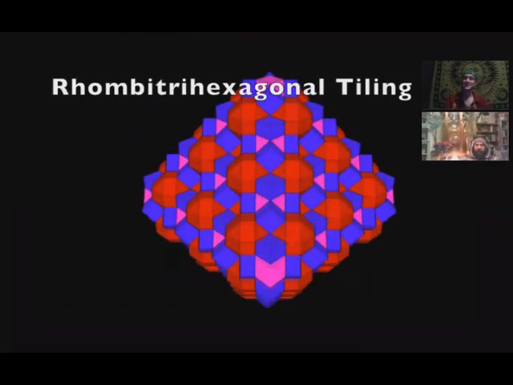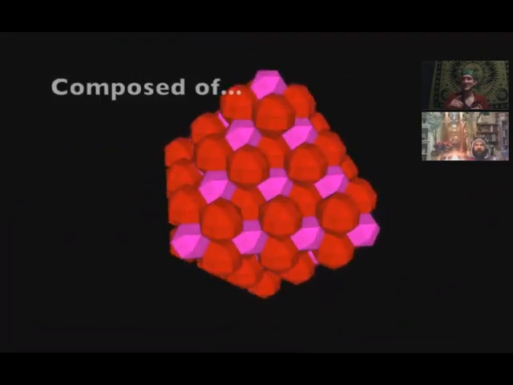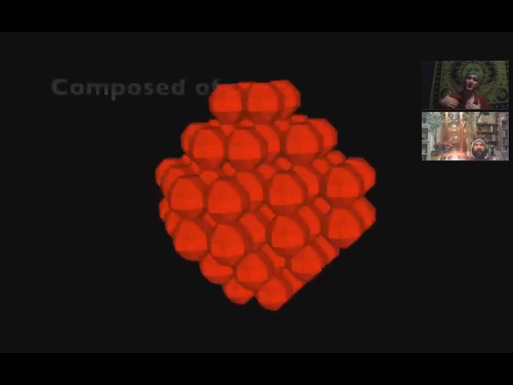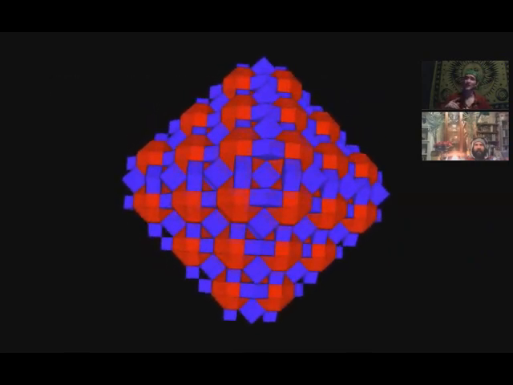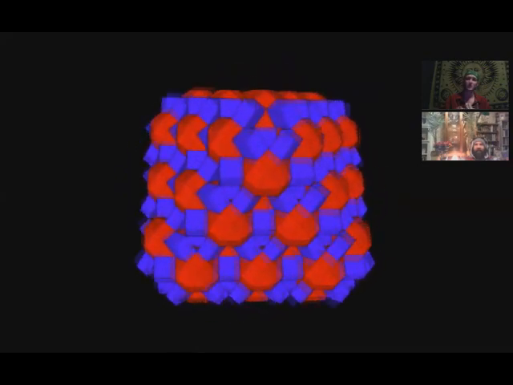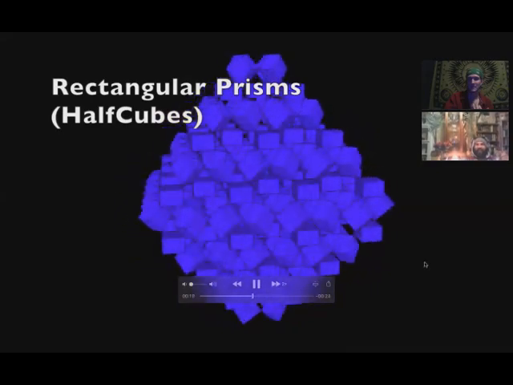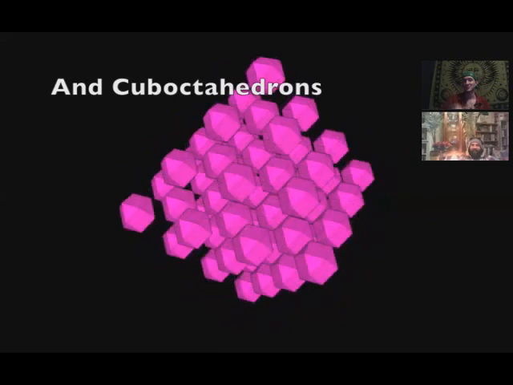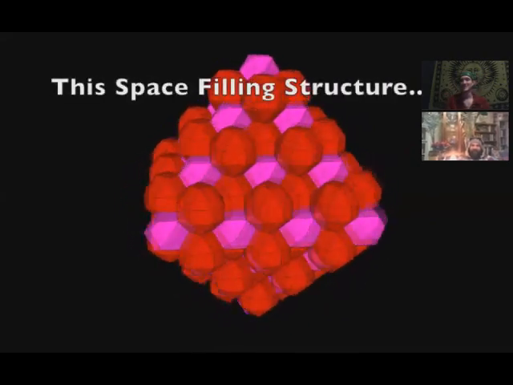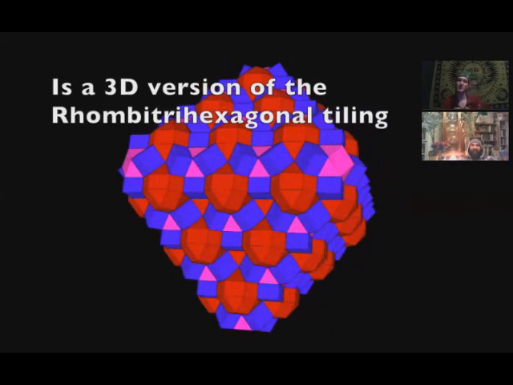And this is the cantic cubic honeycomb. It's actually an altered version of it, but it's rhombicuboctahedrons. It's half cubes, and then the vector equilibrium cuboctahedrons. And it's a space-filling structure. It's a third-dimensional version of rhombitrihexagonal tiling. Try to say that.